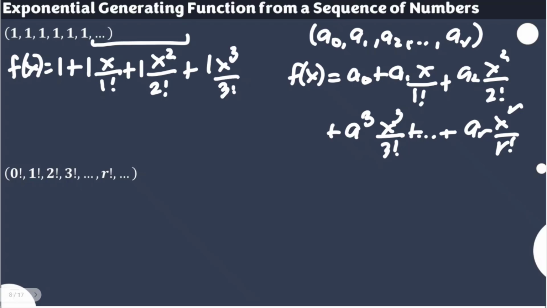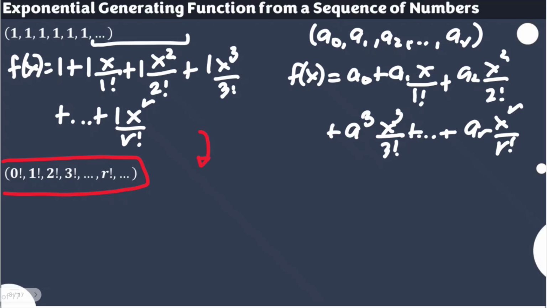As we move to the rth term, you have plus the rth term, which is expected to also have 1, then x to the power of r over r factorial. Let me try to separate this later at the bottom to illustrate the first item fully.